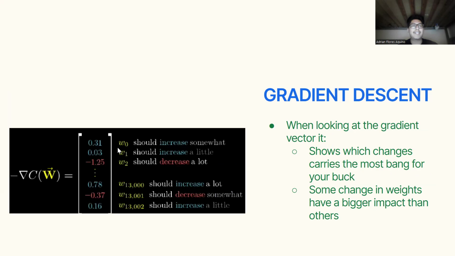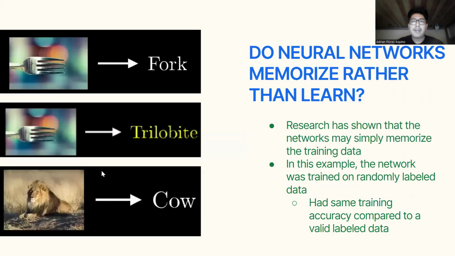As I said before, the bigger numbers have a bigger impact compared to the small numbers. So as you can see right here, 0.78 would increase a lot, which in other words would have a bigger impact compared to negative 1.25, right? Which is what has a negative impact.